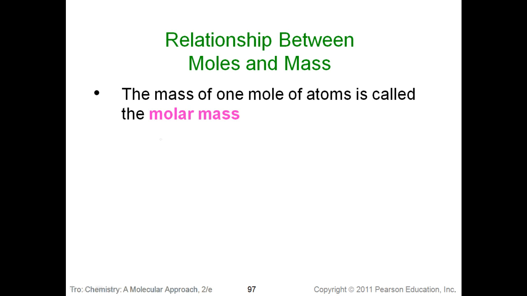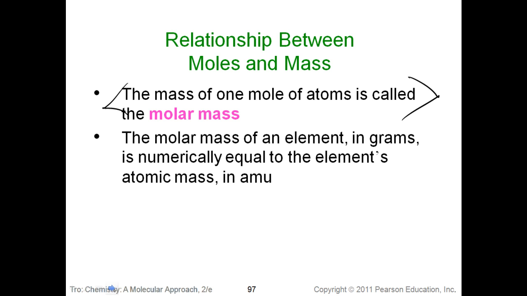Okay? Know this term. This is one of the most important terms in chemistry, molar mass. The mass of 1 mole of atoms is called molar mass. The molar mass of an element in grams is numerically equal to the element's atomic mass. So that means we can just look on the periodic table and get the molar masses.